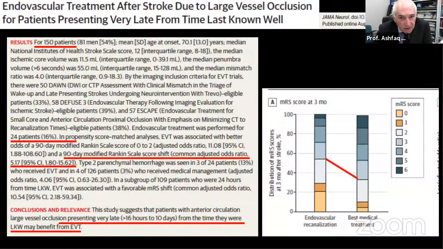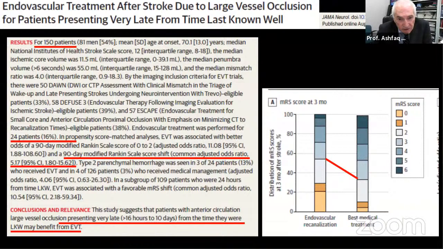This was published a year ago in JAMA from Korea. They did 150 patients. And those who had small core, large penumbra, even after 24 hours, you can see that best medical management is here, which is roughly about 36% of patients made a good recovery, compared to those who got endovascular treatment at 36 hours, 48 hours, up to 7 or 8 days.